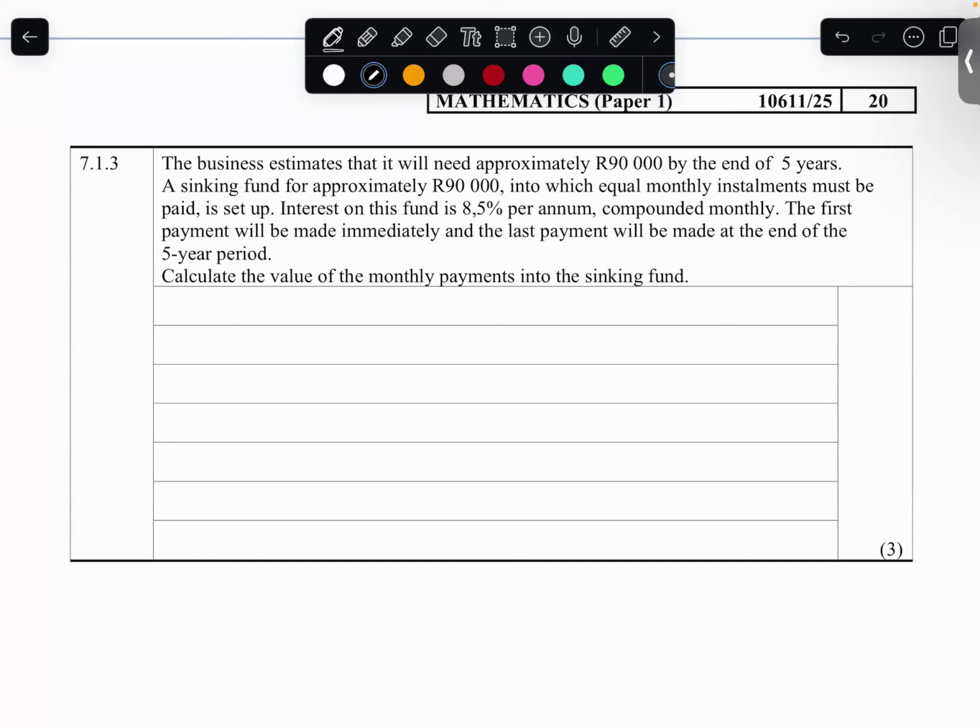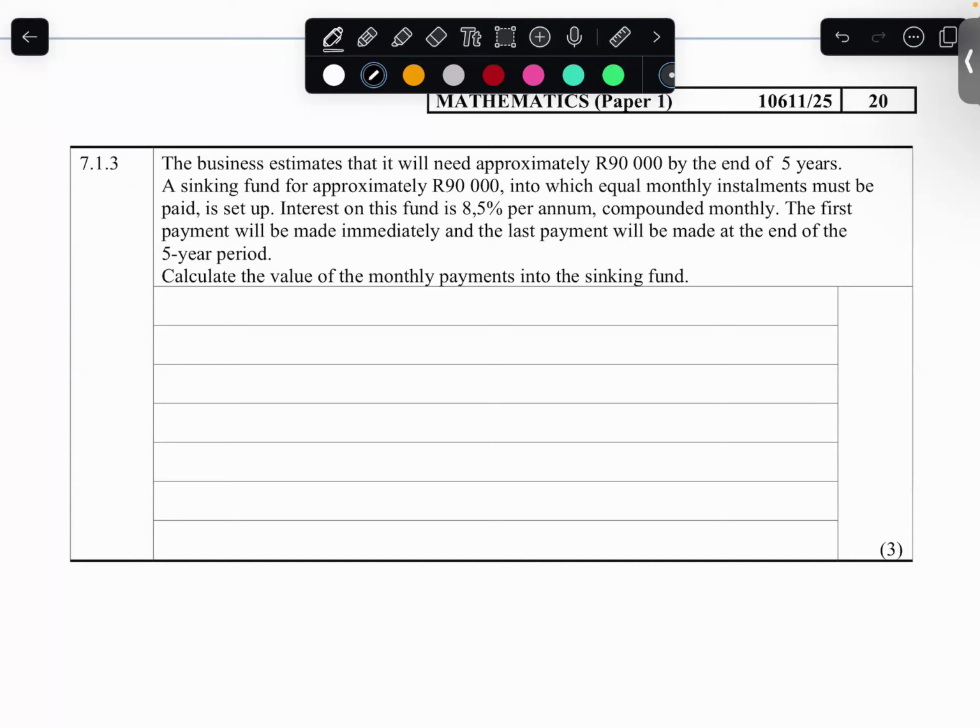The first payment will be made immediately, which means there's no 1 month's grace here. And if it's made immediately, meaning at the start of a month, and the last payment will be made at the end of the month. If your first payment is not being made at the end of a month and the last payment being made at the end of the month, that means you have an extra payment. I'm going to say that again.